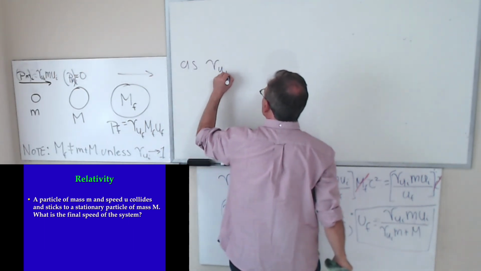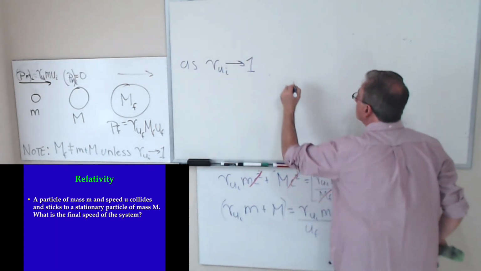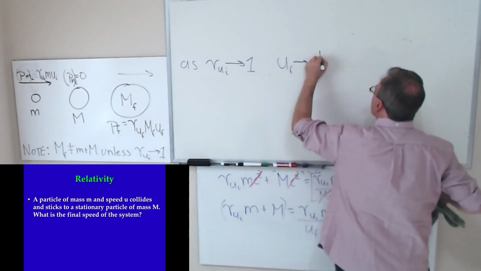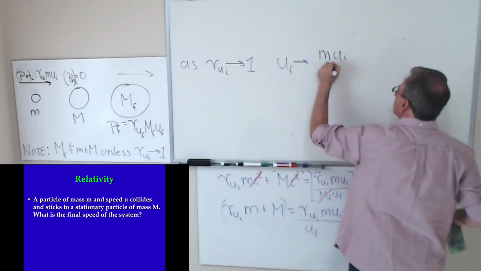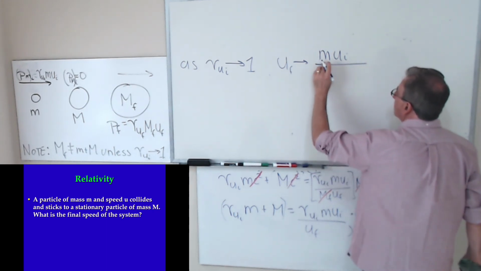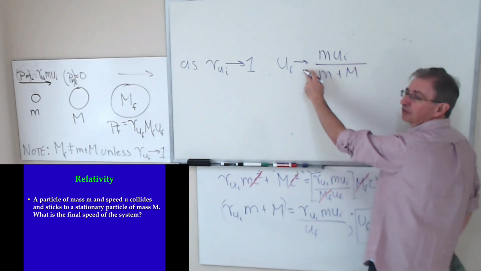So as gamma sub u initial approaches 1, then u final approaches m initial times u initial over the sum of the masses.